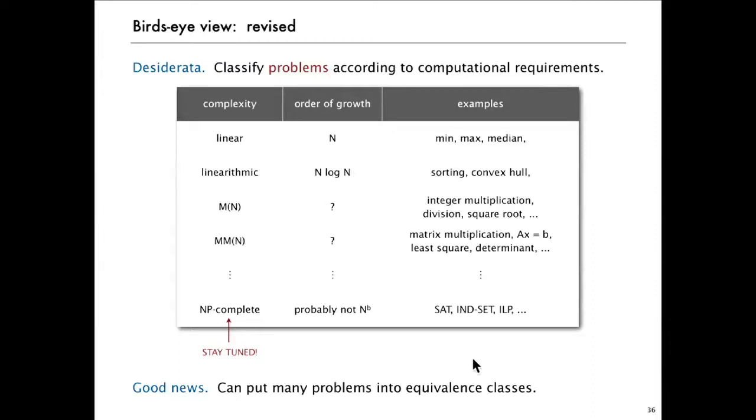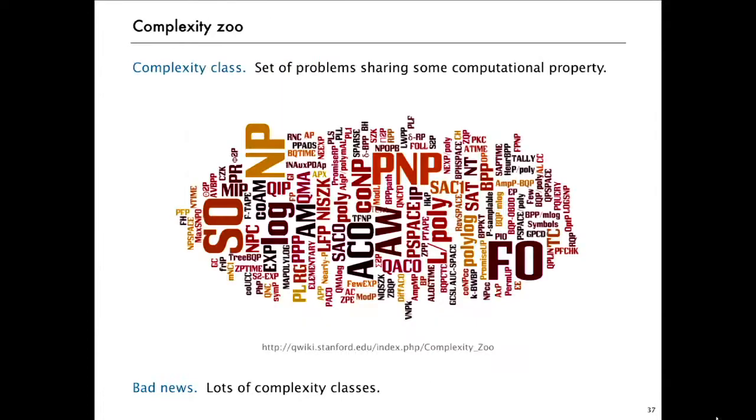But as the time wears on, researchers have found ways to put many, many problems into equivalence classes. So at least we know that those problems are the same difficulty, even if we don't know what it is. This is actually called the complexity zoo. There's really a large number of complexity classes.